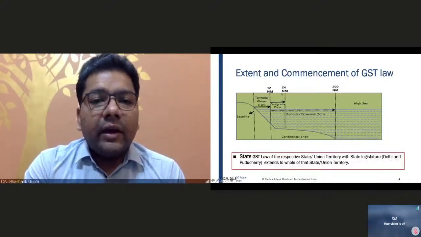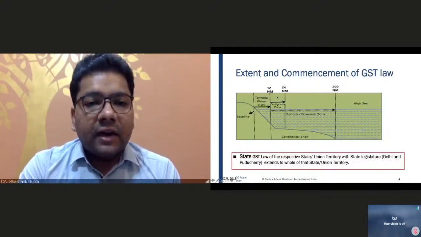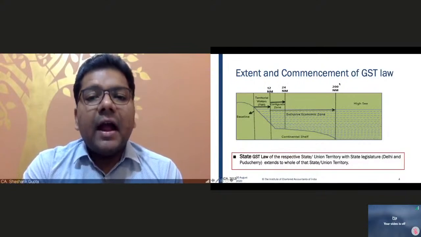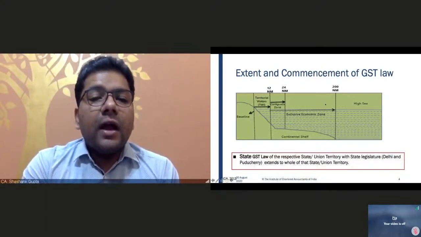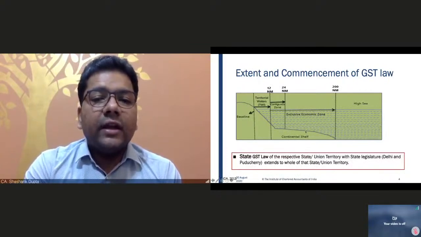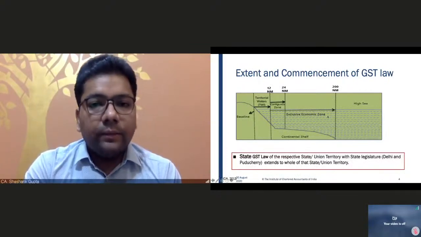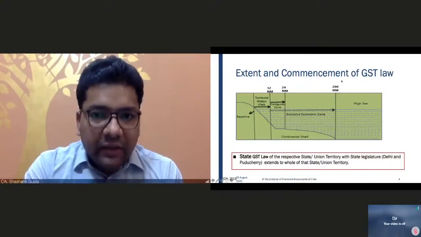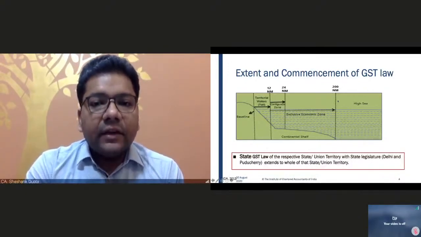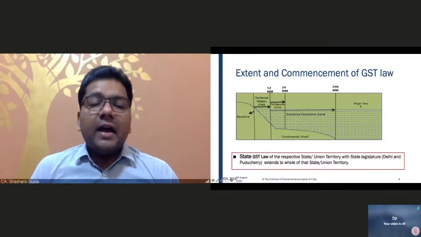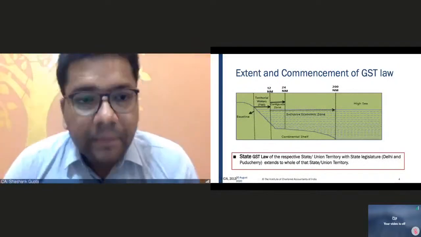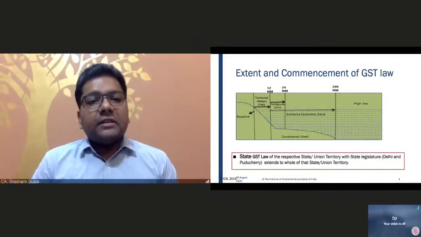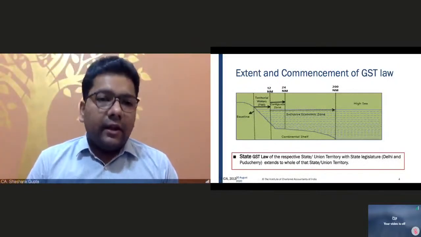Then 24 nautical miles is referred to as the contiguous zone of India, and up to 200 nautical miles is referred to as the exclusive economic zone. And after this, this is the area which is referred to as high sea. High sea means which is not a part of the Indian territory, which is outside the Indian territory.